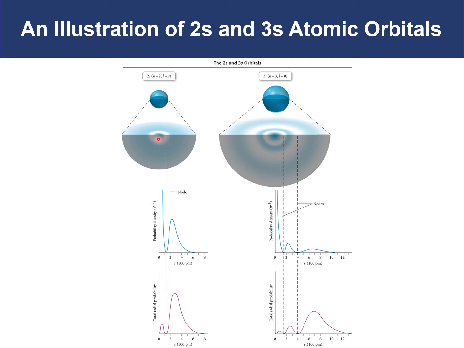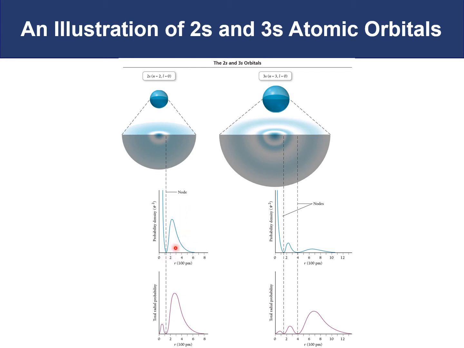So the electron has a region of high probability, followed by a region where there is zero probability, after which there is again a region of high probability. Looking at the graph that pans out, you have this first region with a high probability, a node where there is zero probability of finding the electron, and then another region where there is a high probability.